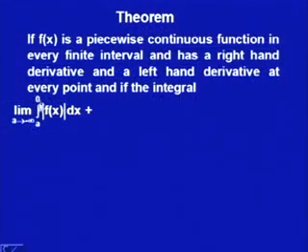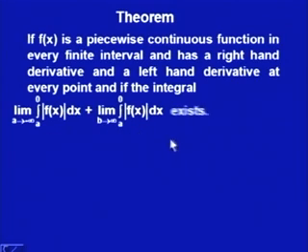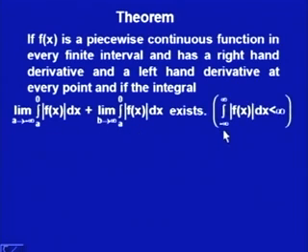Moreover, the integral as a approaches minus infinity of a to 0 f x dx and as b approaches plus infinity of 0 to b mod f x dx must exist. This we can rewrite as the integral from minus infinity to plus infinity of mod f x dx does exist.